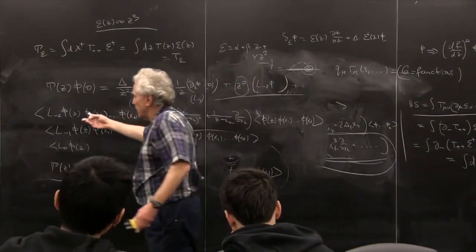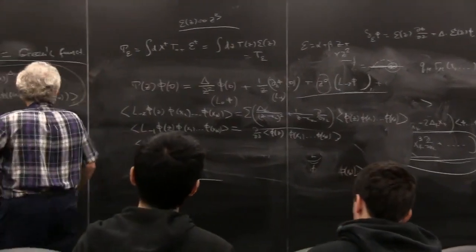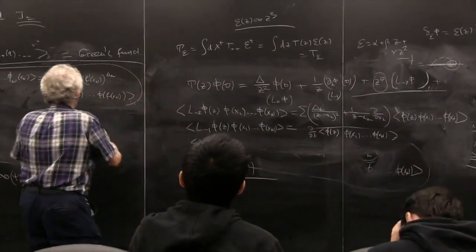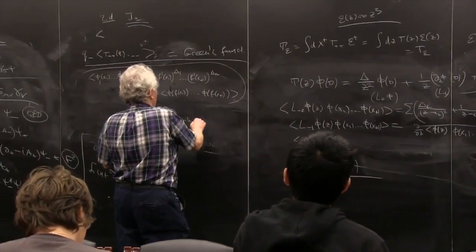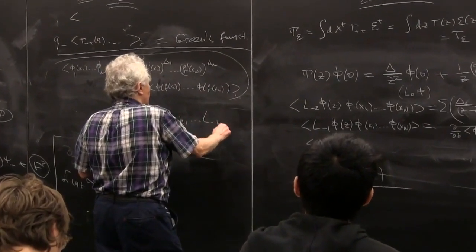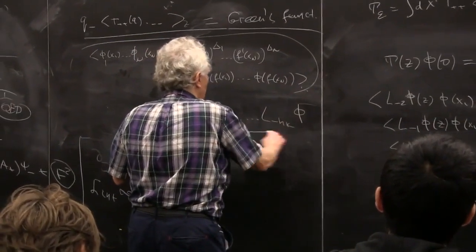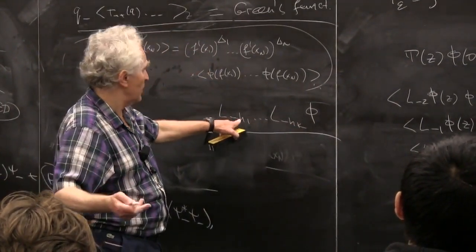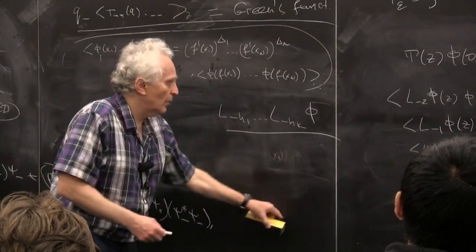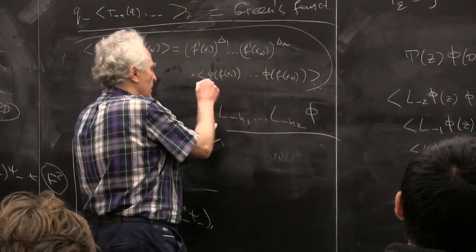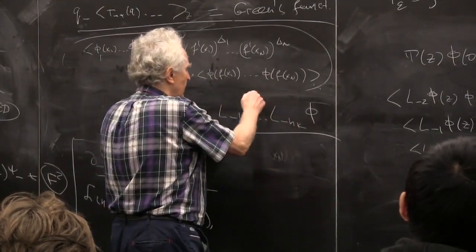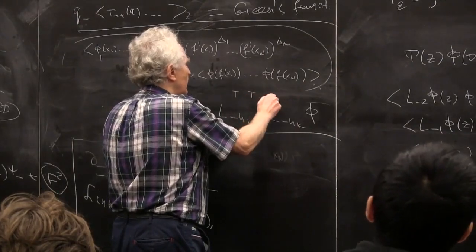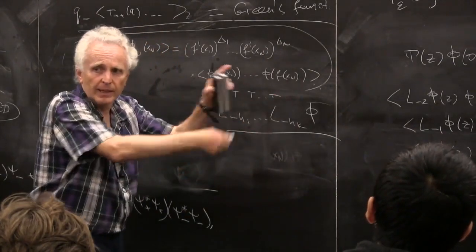But basically I can say it now already that it will be just L minus 1, L minus n_k applied to primary operators, and each one, to answer your question, is defined through the operator product expansion when you have k terms T, T, T, T, and then you start colliding them.